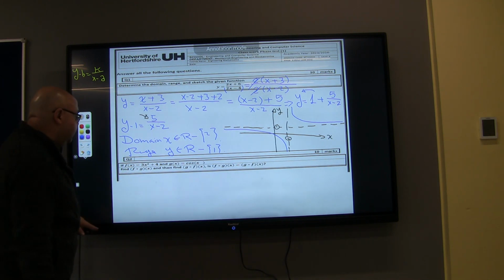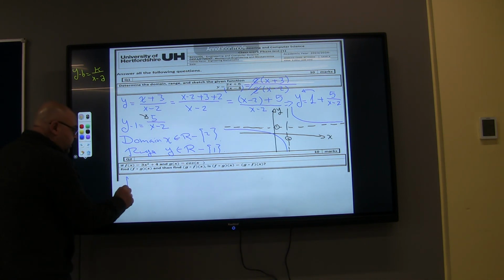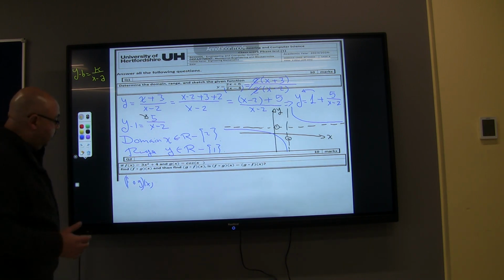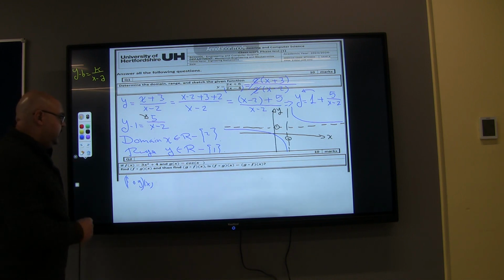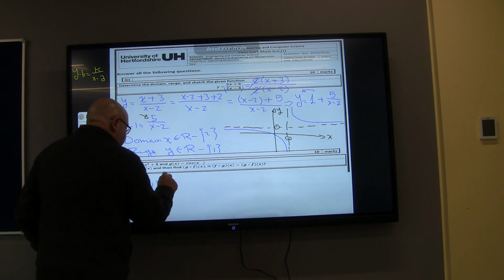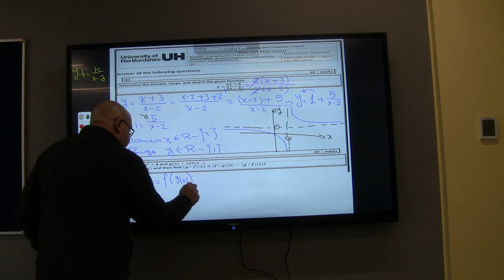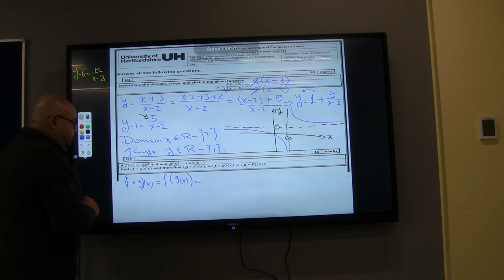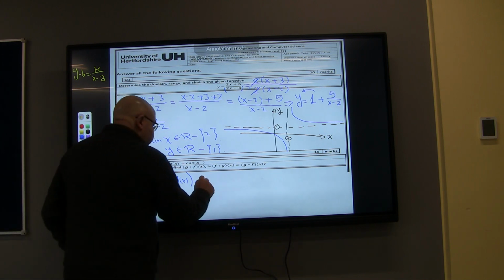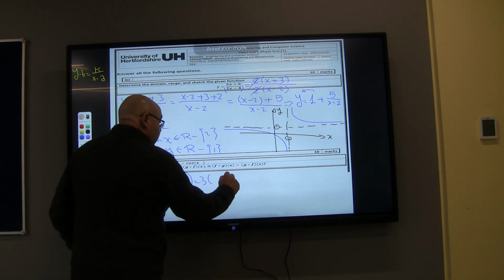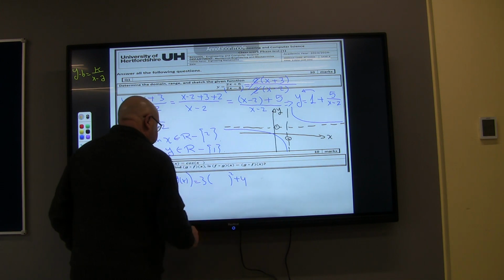For the other problem, he's asking you to get f composite g of x, or g composite f. This question is very, very simple. All I have to do is to get the f function for g of x. f of x is 3 times x to the power 2 plus 4.